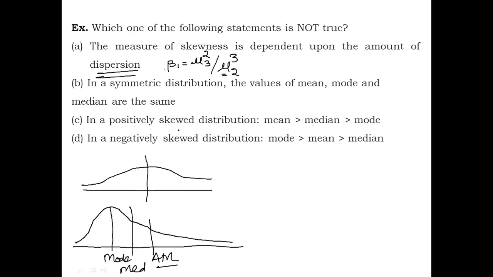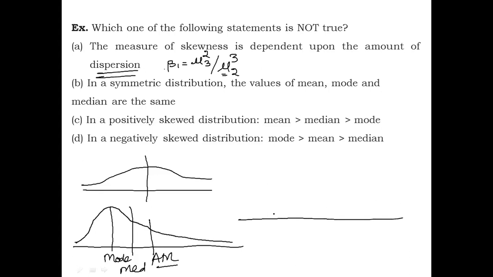Actually, here the arithmetic mean is the largest. That means it is positively skewed. So mean is greater than median and median is greater than mode. So there is no problem with statement C also.